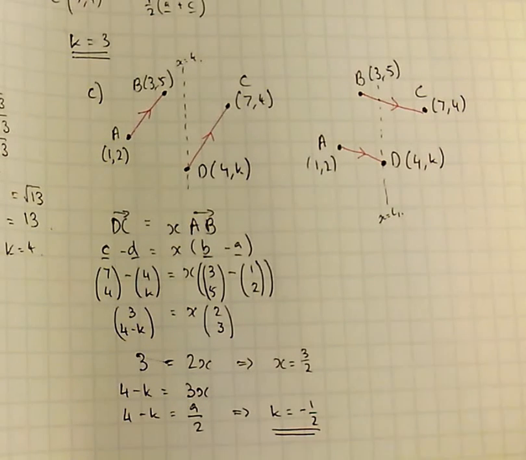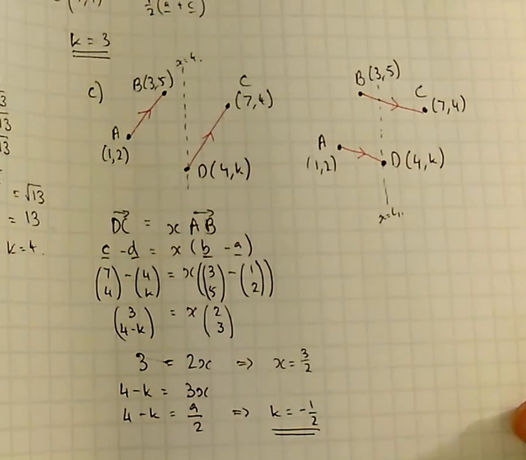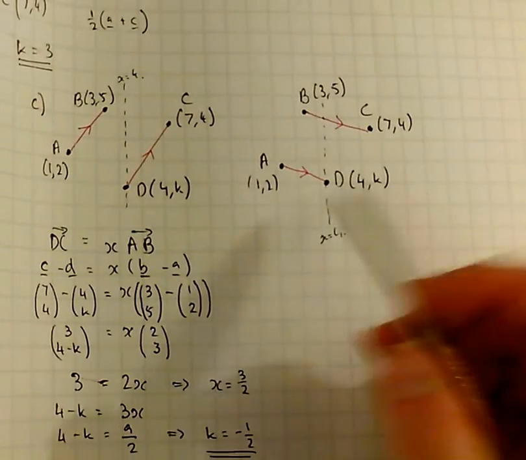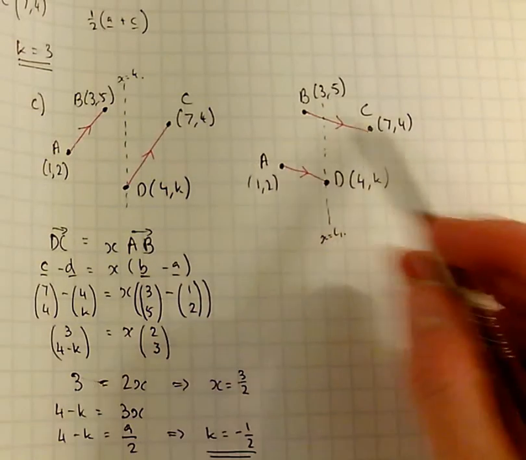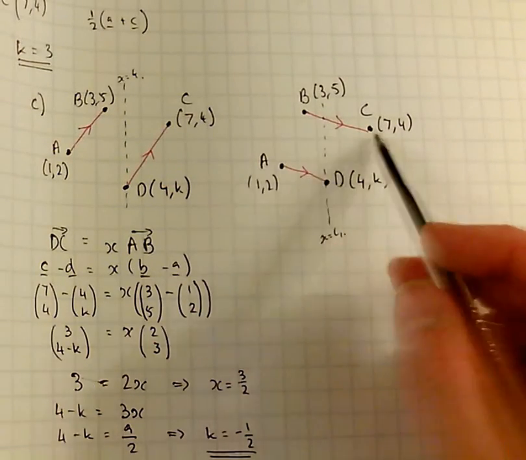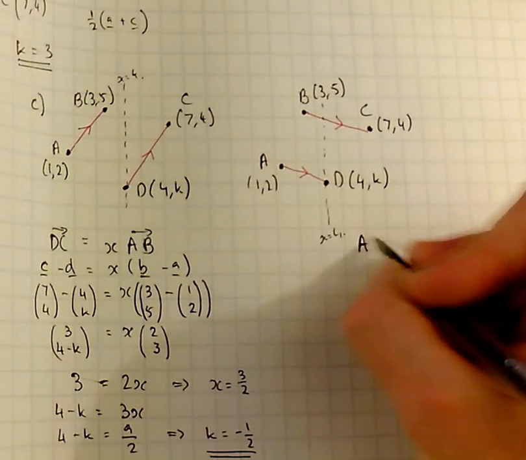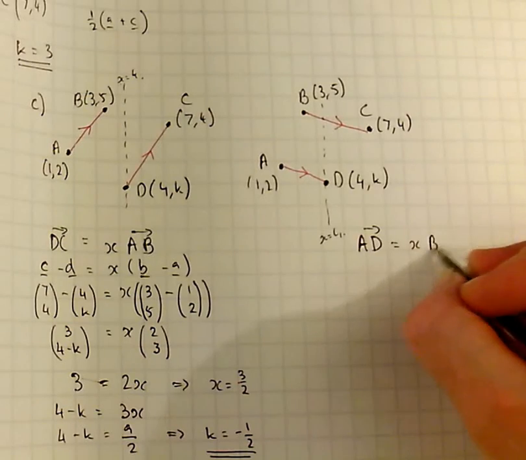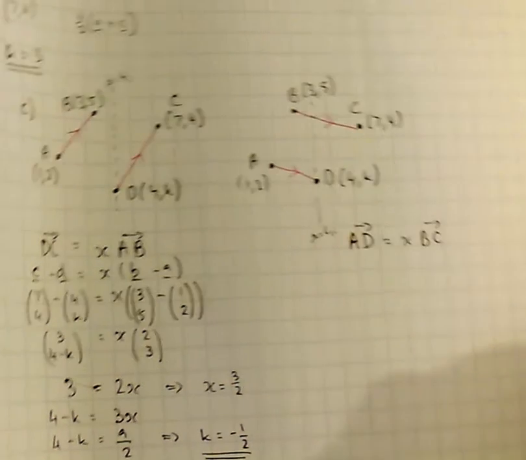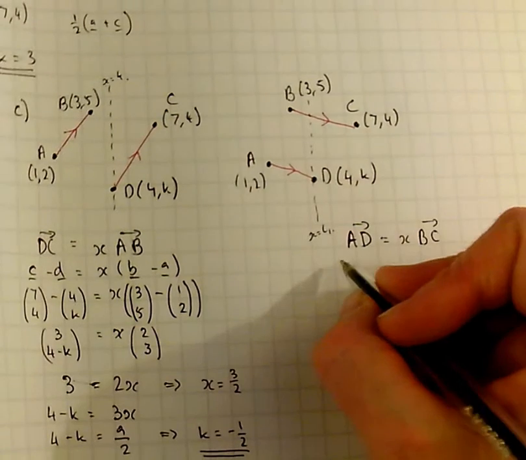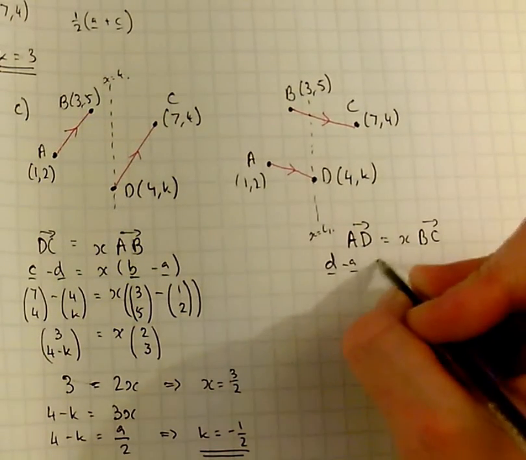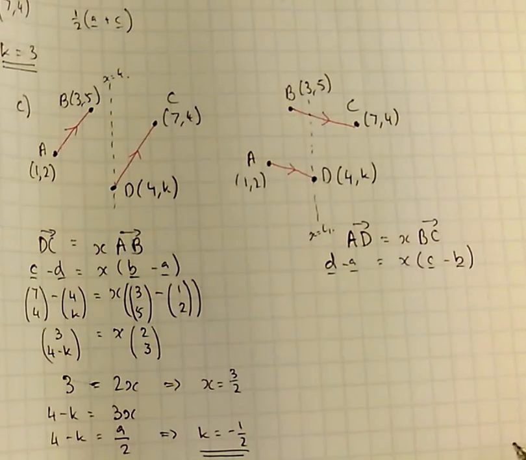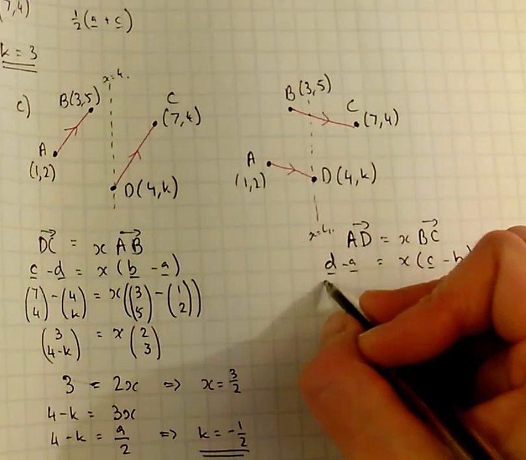Okay. Right, but what if you had thought about the other situation over here? So you would have that AD is parallel to BC, so AD is a multiple of BC. So AD is equal to a mystery number times BC. And we know that AD is the same as D minus A, and BC is the same as C minus B, using the position vectors. Let's substitute in.